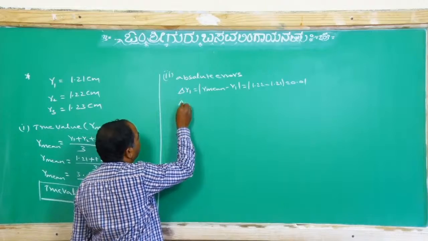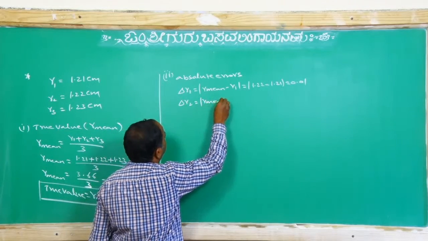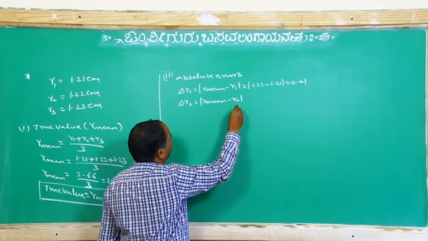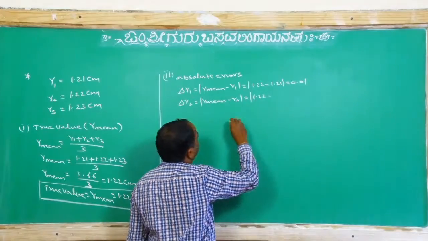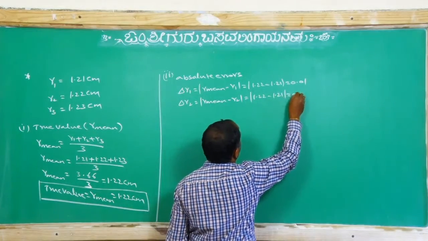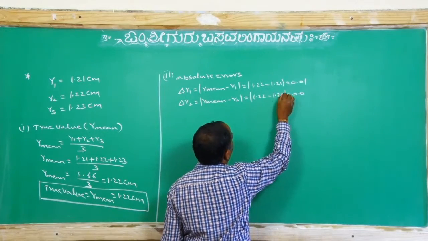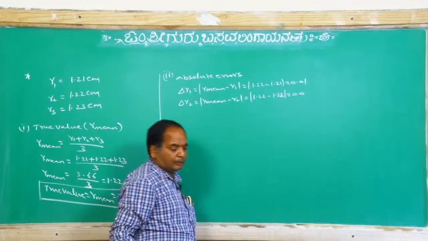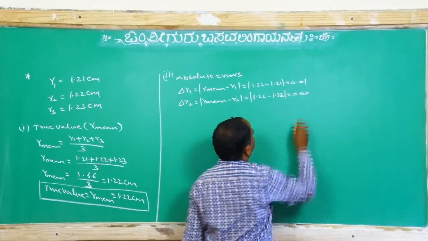Similarly, delta R2. Delta R2 is R mean minus R2. R mean is 1.22 minus R2, which is also 1.22. So that is equal to 0.